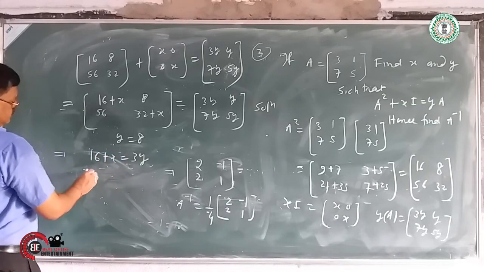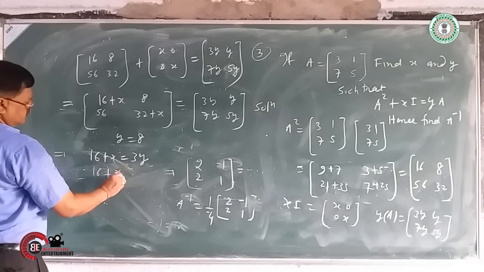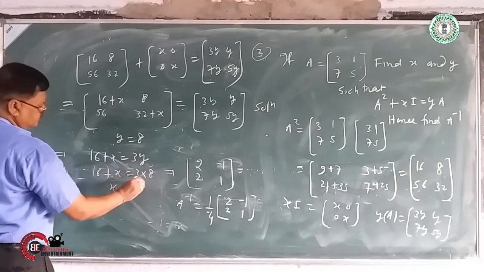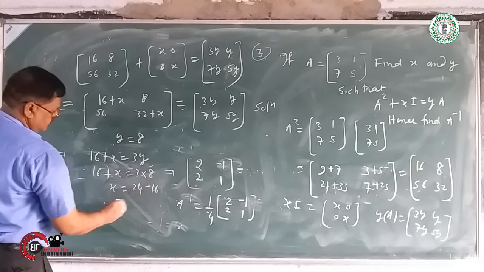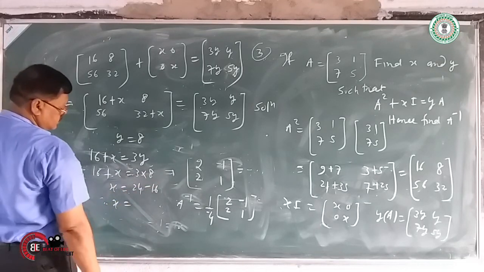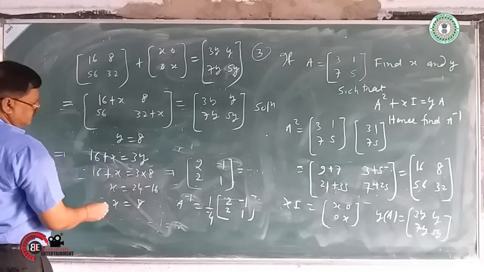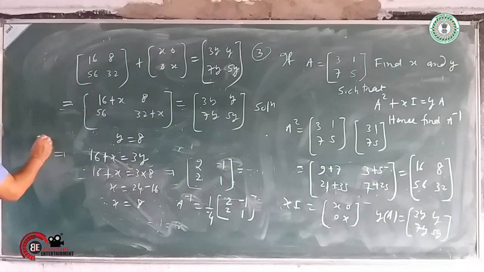So x is 3 into 8, 24 minus 16, so x is 8. So the answer: x is 8.